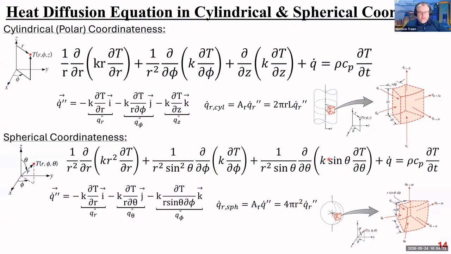And then notice that there is this sine theta that's sitting inside the derivative here, and so I have to multiply my dT d theta solution by that sine theta, and then take the derivative, and then divide by r squared sine theta to get the right result, right? So you can get some weird effects in spherical coordinates that don't show up in Euclidean coordinates because of these terms that end up being embedded inside the derivative. So just be aware of that.